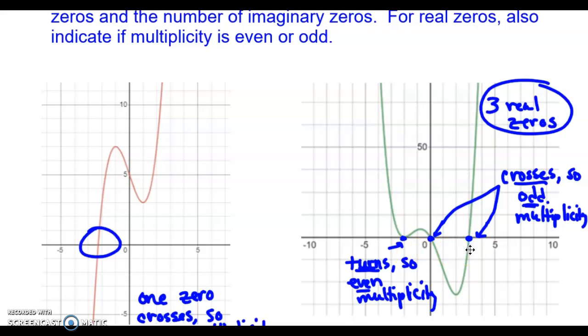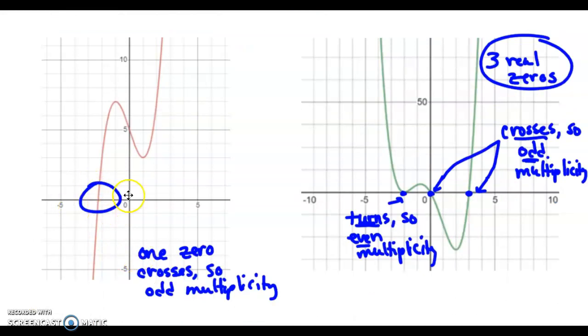Okay, well, what kind of polynomial would this be? It's turning 1, 2, 3 times, ends are up, so I'm thinking it's probably degree 4 polynomial, and that matches my multiplicities. So there are no imaginary zeros on this one. So first one: one real zero and 2 imaginary ones. This one: no imaginary zeros, but 3 real zeros.